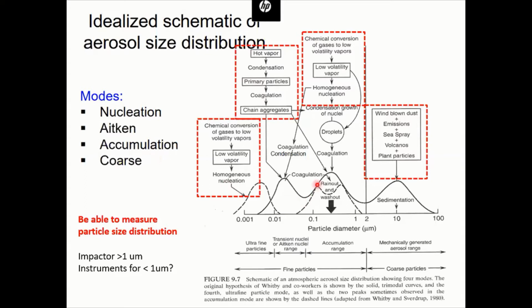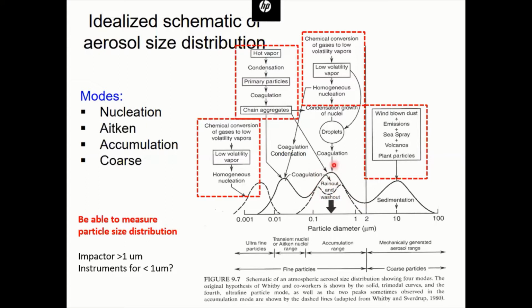The reason why they call it the accumulation mode is mainly because when people measure the size, this mode is always there. It seems that they're accumulating in the atmosphere. And this has something to do with their removal, because this size of particles is the most difficult to remove.